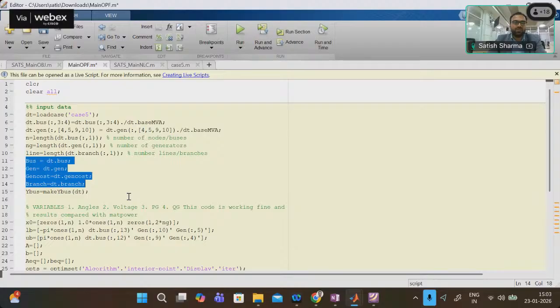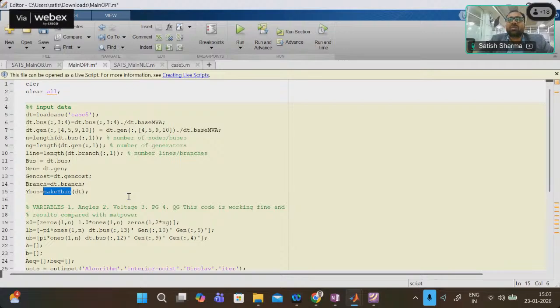Now there is a function makeYbus in MatPower, so I used it. If you don't install MatPower, I would recommend you write a piece of code to make a ybus.